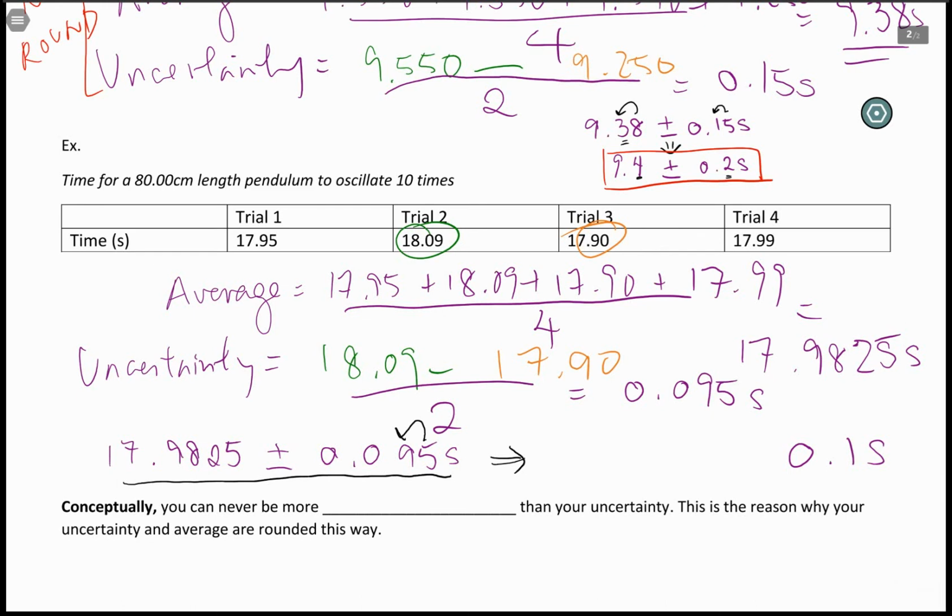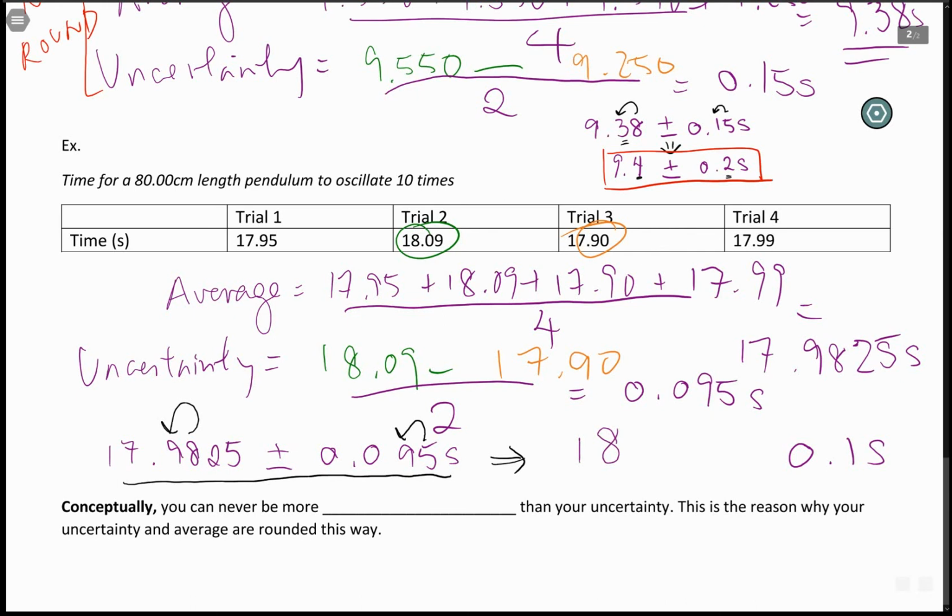Sometimes it happens. Another tricky thing is, now that we have that, we also want to make sure we round our average to this same place value, which means taking the 8 and rounding the 9 up. That's going to look a little troublesome because that rounds our number to 18.